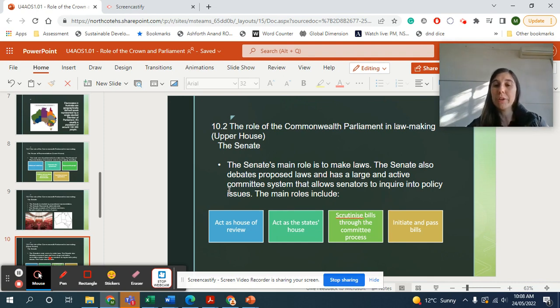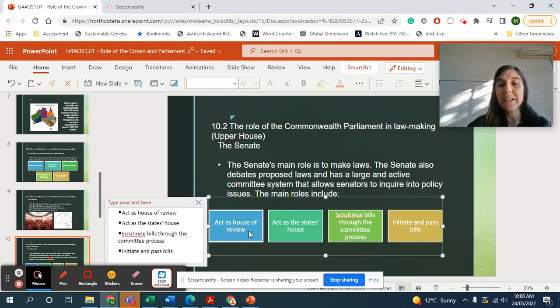So the Senate really acts as a check on the House of Representatives by reviewing any legislation that has already been approved in the House of Representatives and scrutinising it in more detail. The second role of the Senate is to act as the state's house.